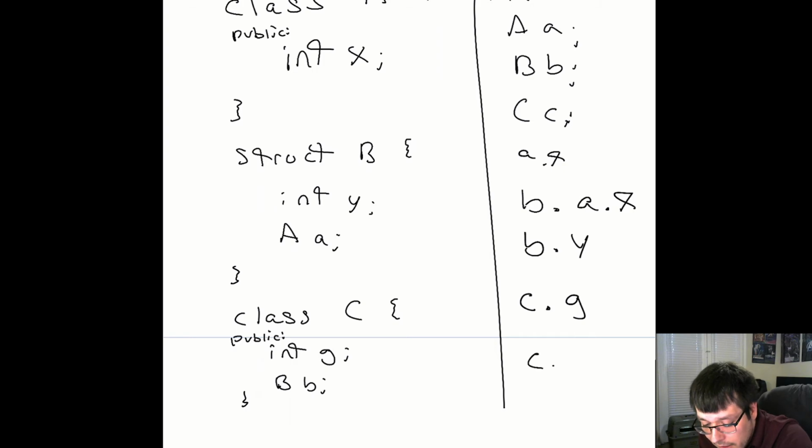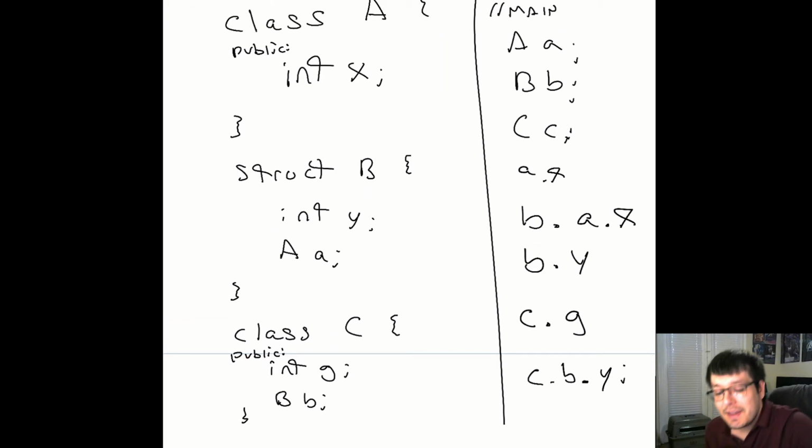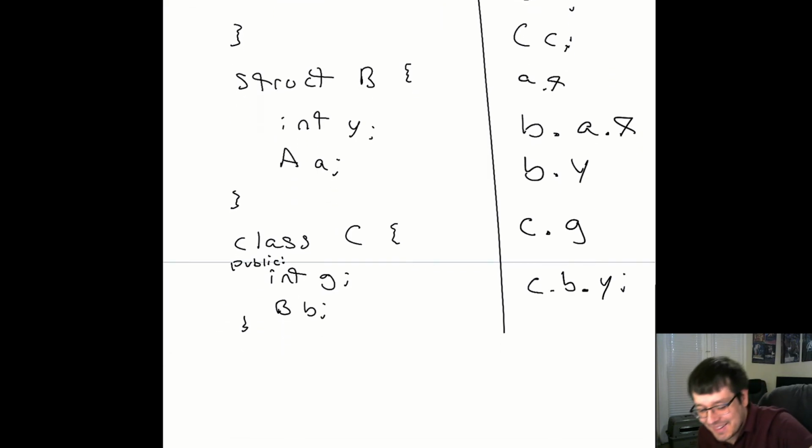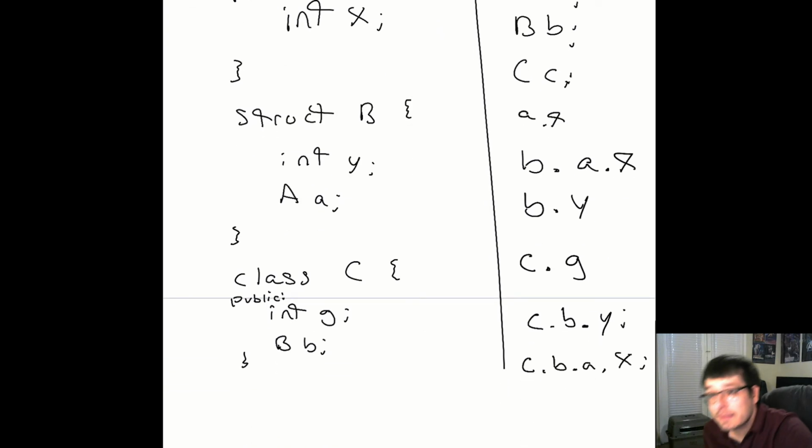But now if I want to access what is in B of C, we go c.b, and let's say we access the y, we can do c.b.y. If we want to access the x inside of A, inside of B, inside of C, then that becomes c.b.a.x. Okay?